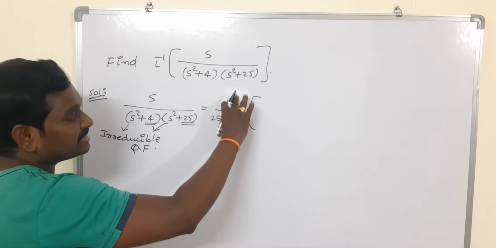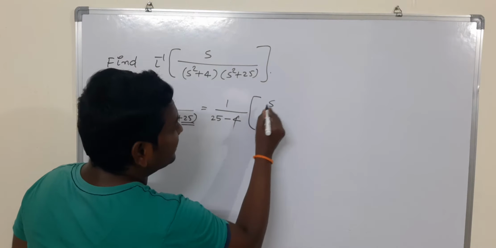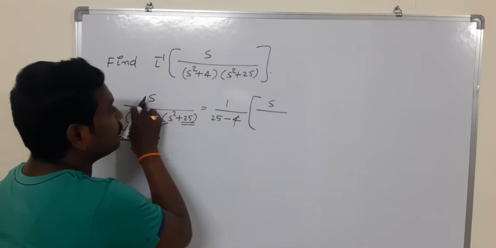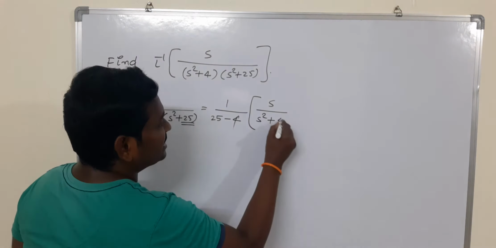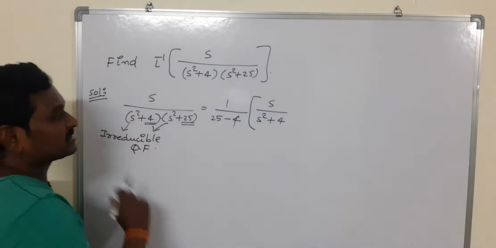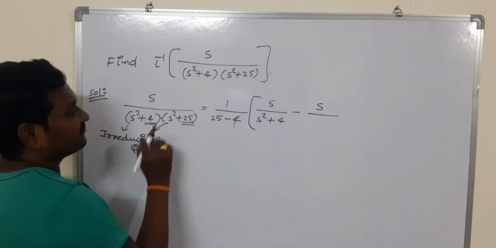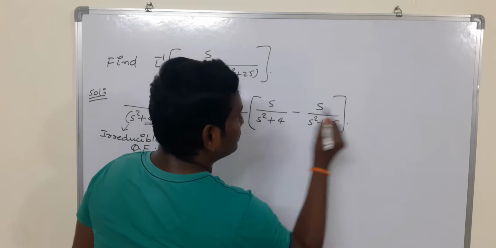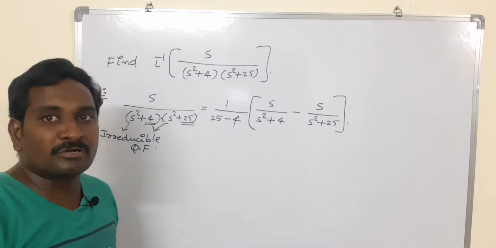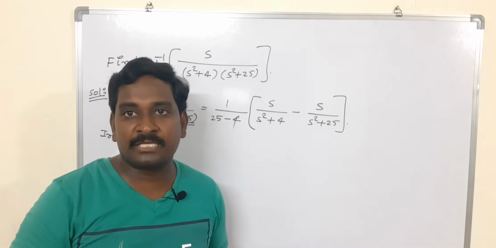Please write this ratio in the outside. Now write inside s by, already in the numerator we have only s, that's why s by the first factor, which is the least factor, s square plus 4, minus s by the second factor, which is s square plus 25. This is the way to find out the partial fractions. Don't use the a, b, c, d general method.